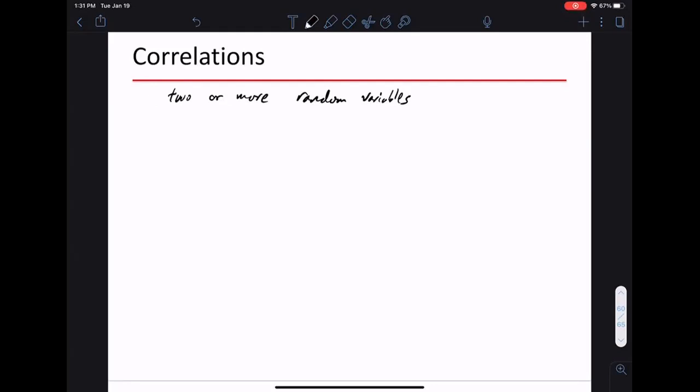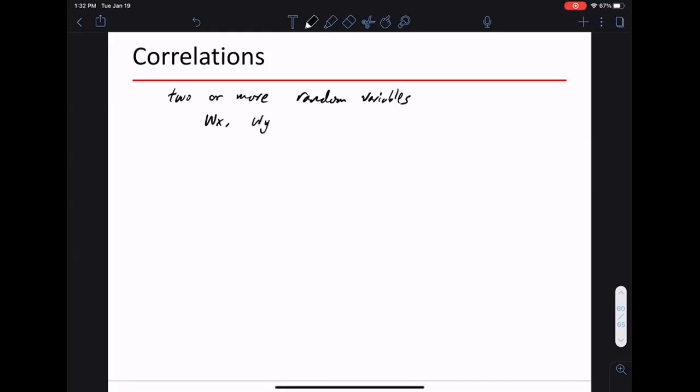So for two random variables, how do I describe it? Let's say instead of one of them, I have two: Wx and Wy. I have two sites, Wx and Wy. Now, how do I describe them?